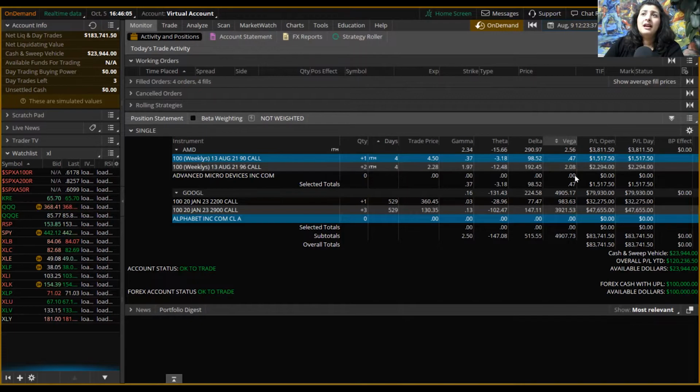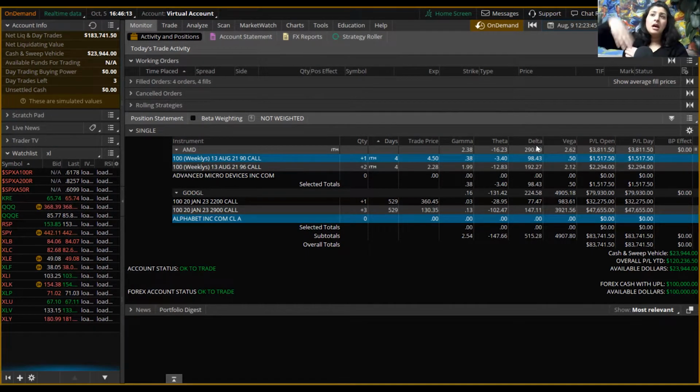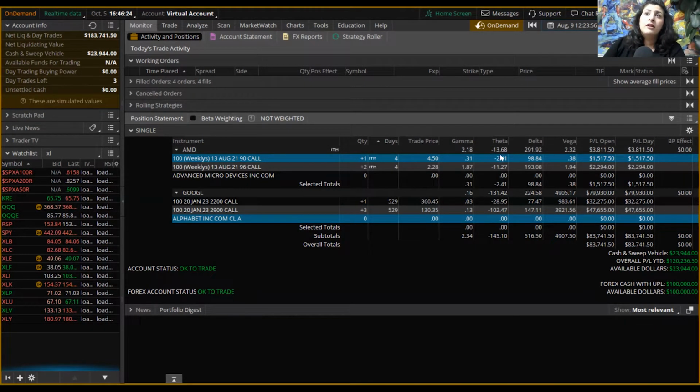But even still, the good thing is that our delta is so high, because price shot up. We're in the money with both of our calls. Now the delta is really high, and so it's outperforming this negative value on theta and the drop, because now we only have Vega at 2.9 and it was at 24.